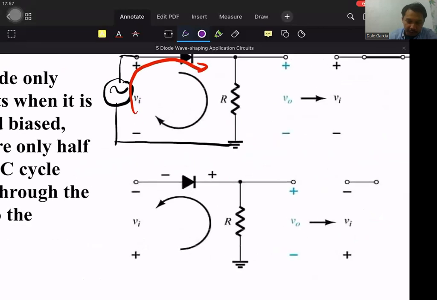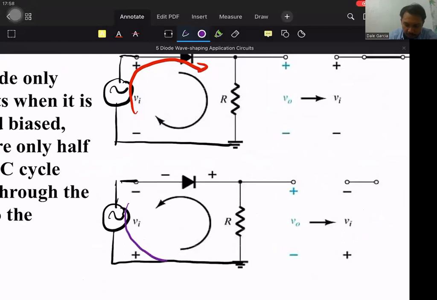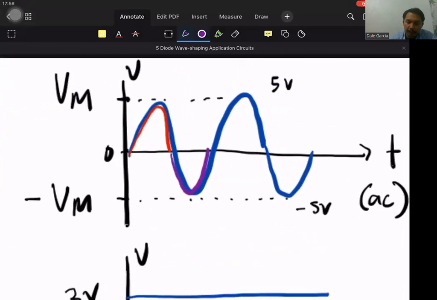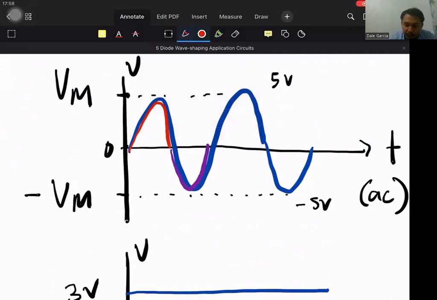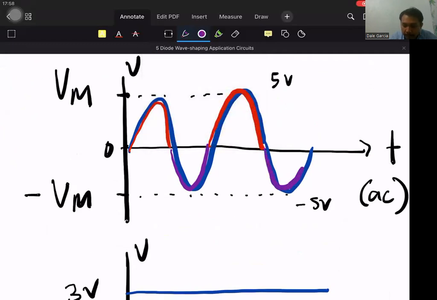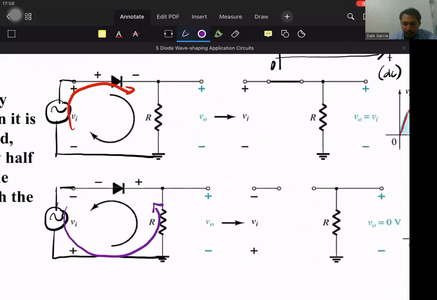So the direction of the signal current in the negative half cycle is this way. Then when it returns to 0, it is red again, then purple again: red, purple, red, purple.